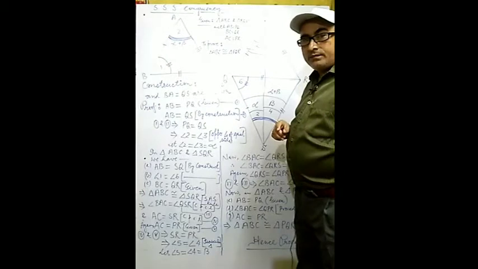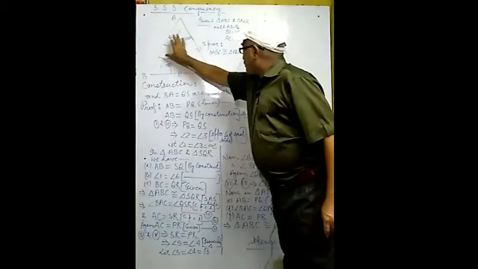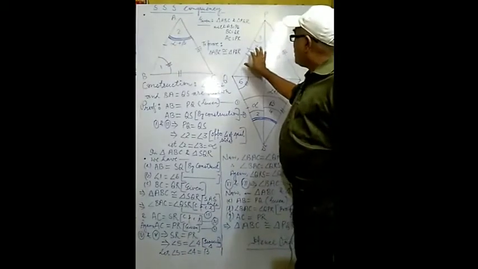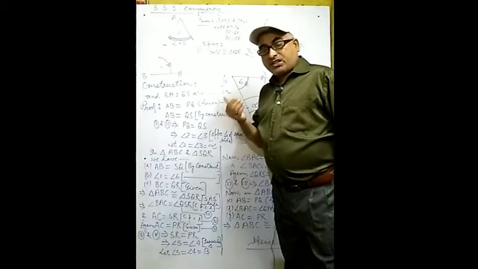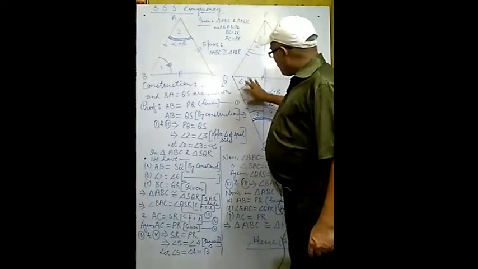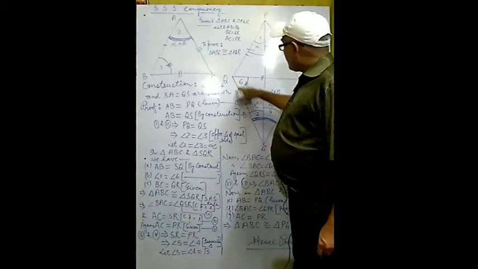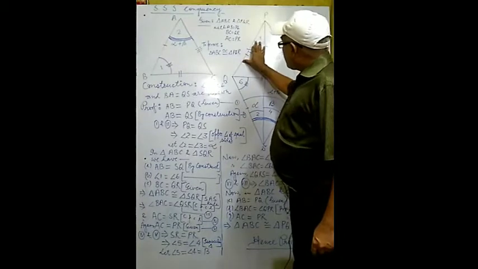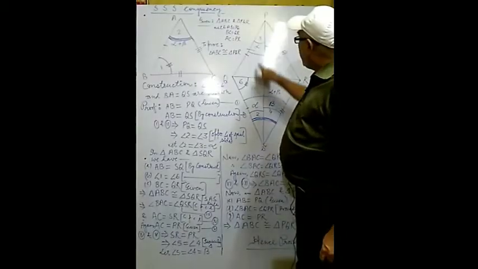See once again, this one equals this one by construction, and this one equals this one by the given condition. So this implies this one equals this one. Now take this triangle. If this side is equal to this one, what about angle 2 and angle 3?